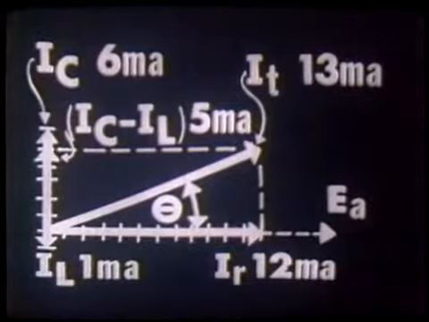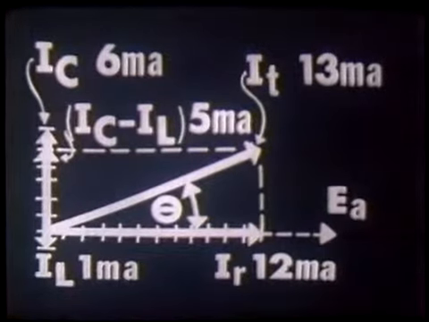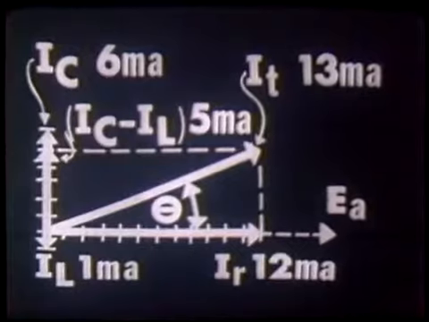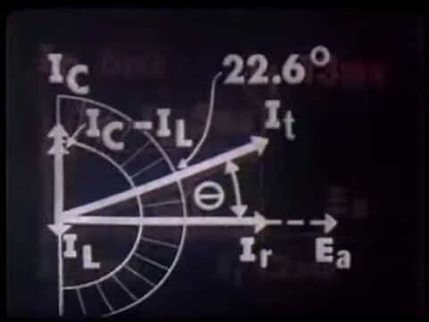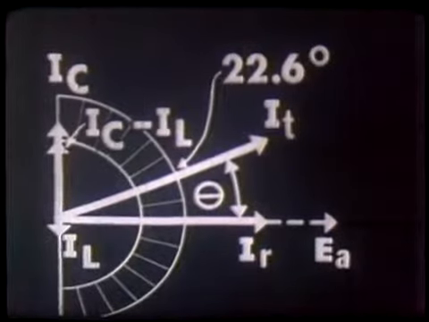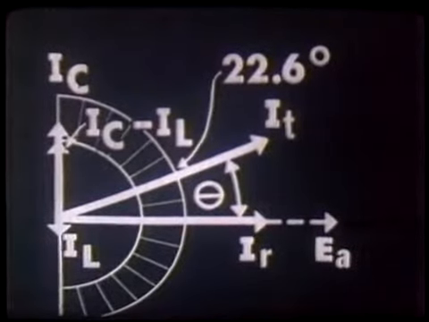Now we have our phase angle theta generated here. Remember, theta is the angle with which current leads or lags the applied voltage. Here it's leading, and we could measure this phase angle with a protractor, and it would read 22.6 degrees. This would be plus 22.6 degrees because we have a leading phase angle.